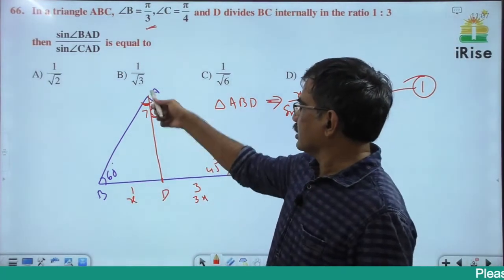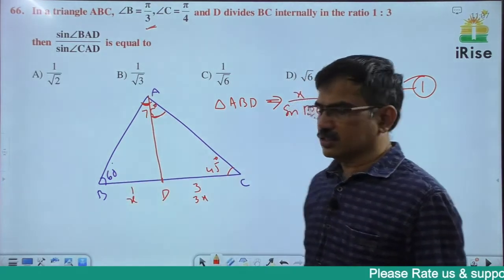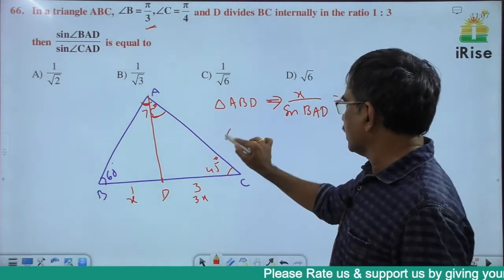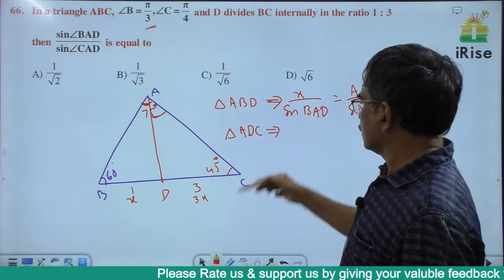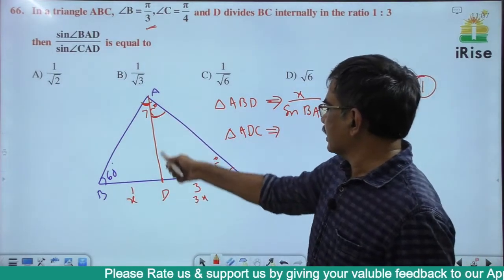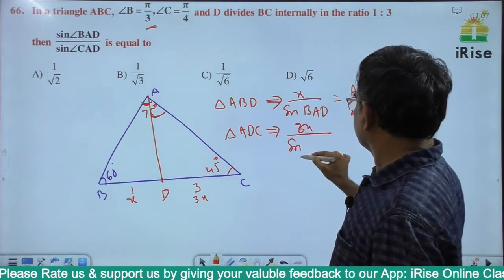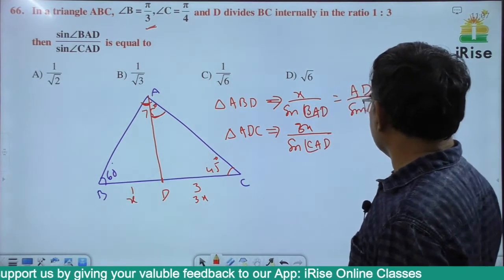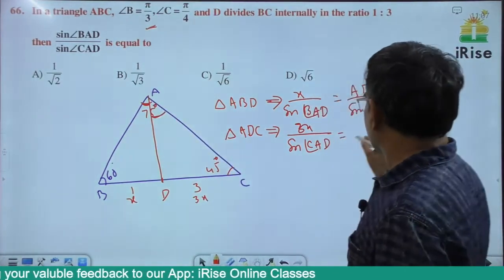Similarly, in the triangle ADC, 3x by sine CAD is equal to AD by sine 45.